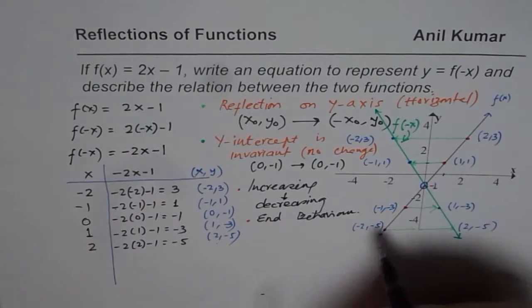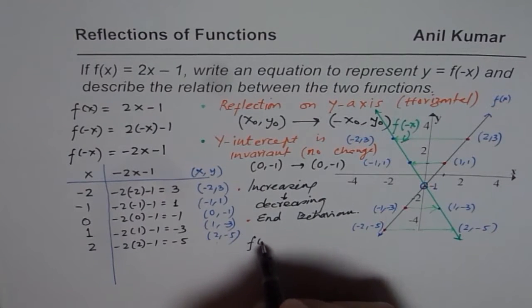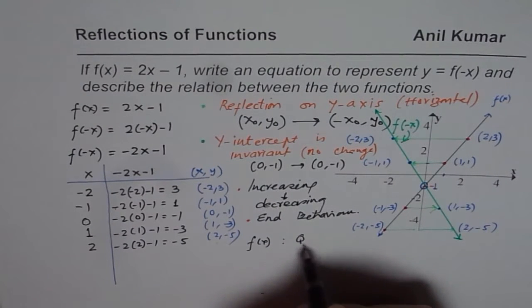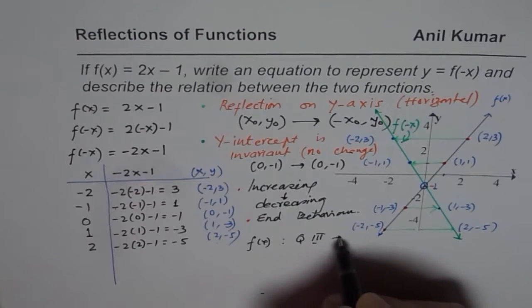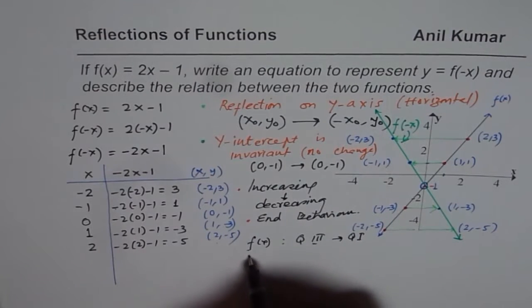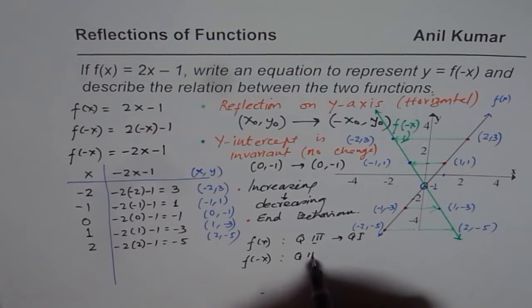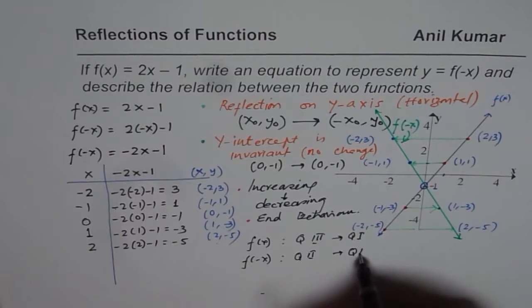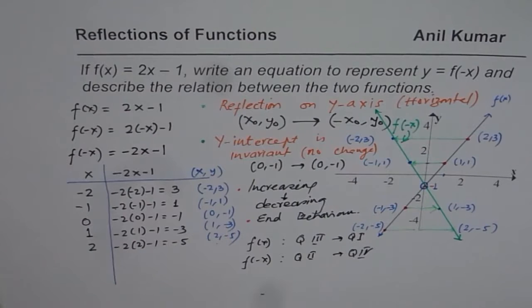The first line, f of x, was from quadrant 3 to quadrant 1, but f of minus x is from quadrant 2 to quadrant 4, right? So that is a major change. The end behavior reverses.